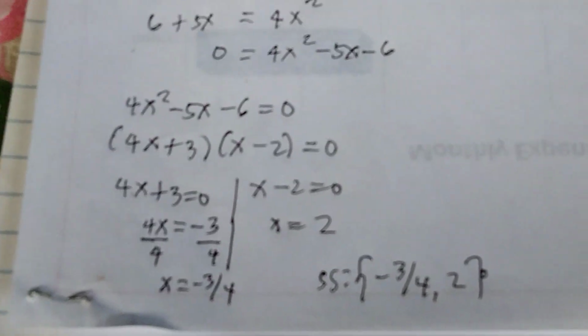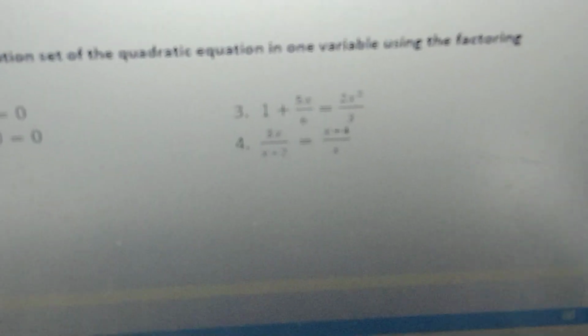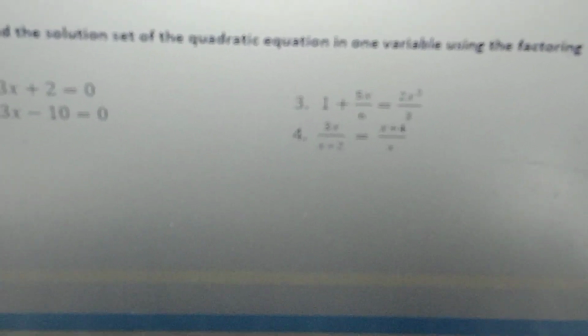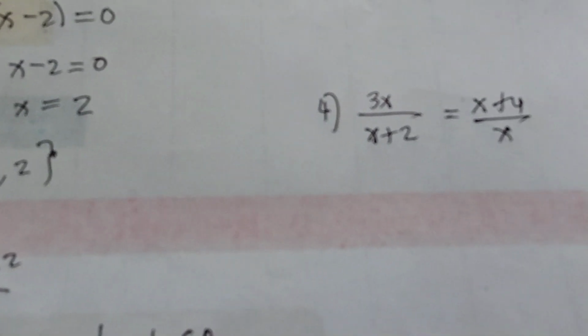Kuha na to. Okay. Let's move on to example number 4. What's to example number 4 dito? You have 3x over x plus 2 is equal to x plus 4 over x. So in this particular example, class, kana, to solve this directly, do the cross multiplication.